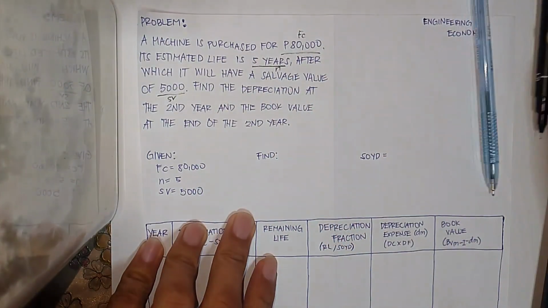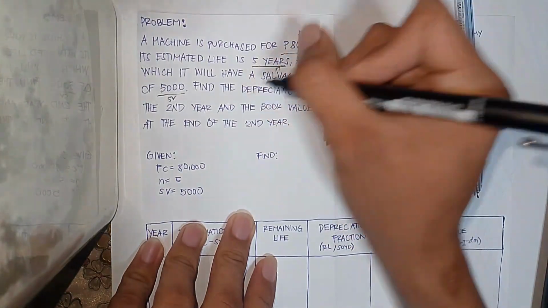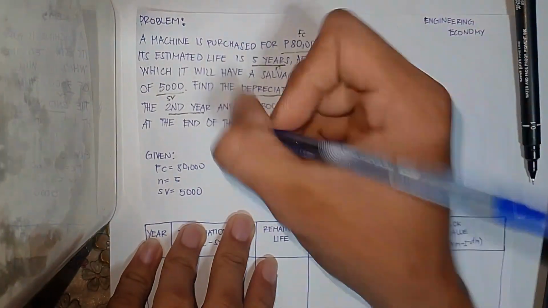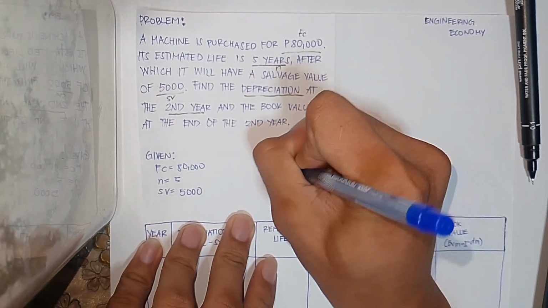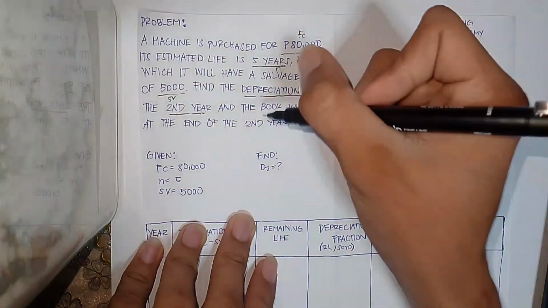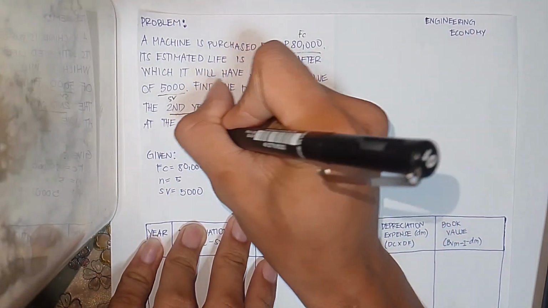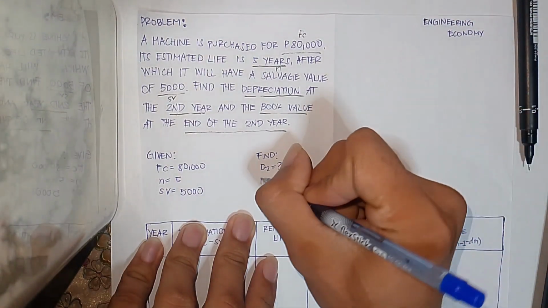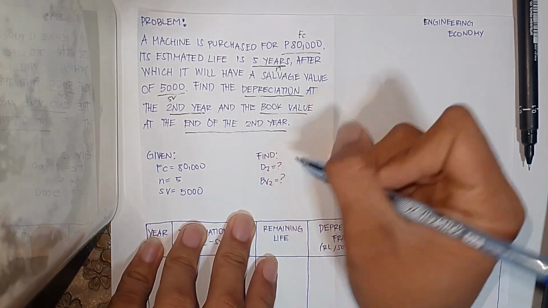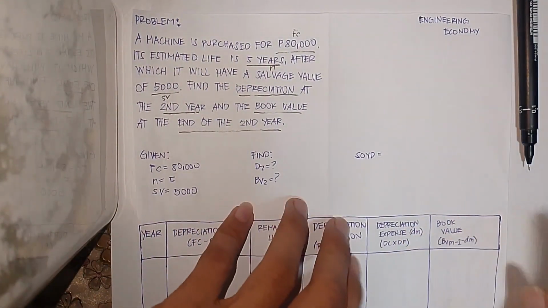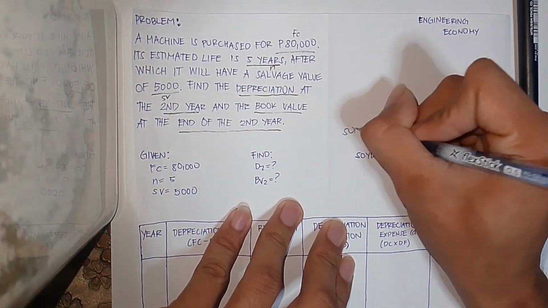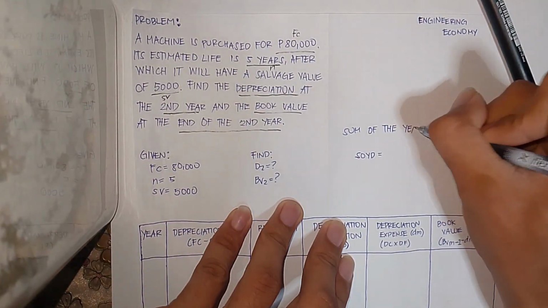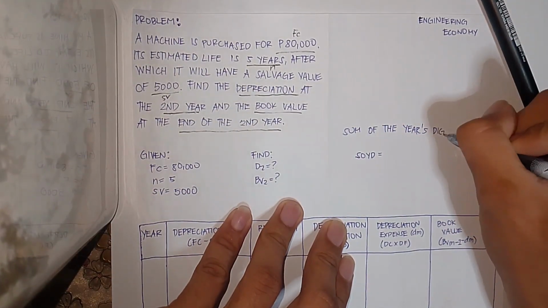Our find is depreciation at second year, which is our D2, and the book value at the end of the second year, which is our book value 2. Next we need to do is compute the SOYD, or sum of the years digits.